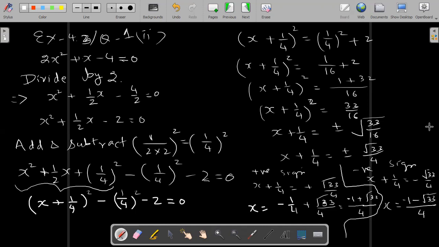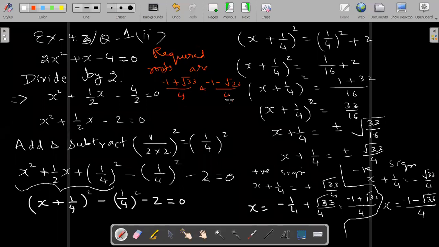So required roots are minus 1 plus under root 33 by 4 and minus 1 minus under root 33 by 4.